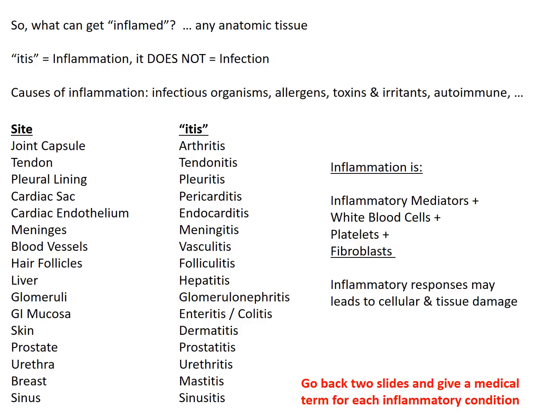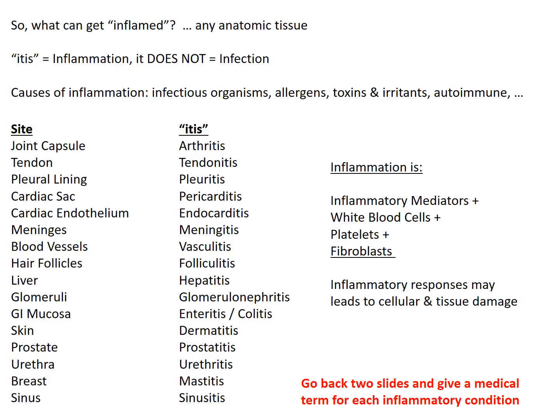All right, just like cancer can start in any cell of the human body, inflammation can involve any type of anatomic tissue. So anything in the human body can become inflamed. And we use the suffix itis, meaning inflammation. So if your skin gets inflamed, we can call it dermatitis.